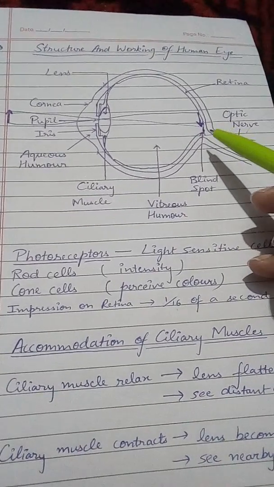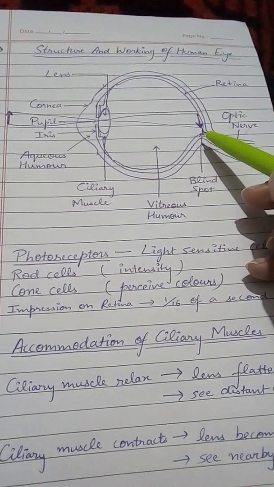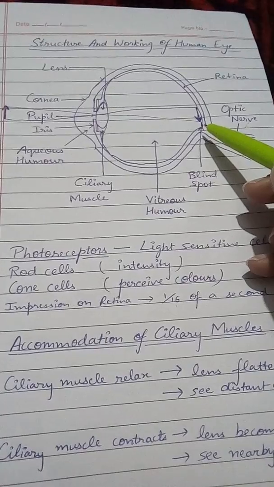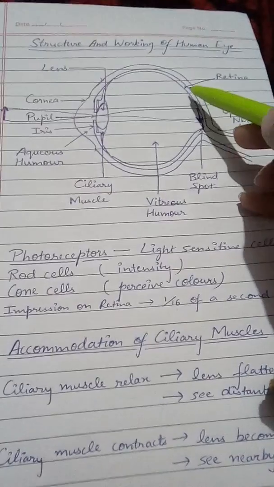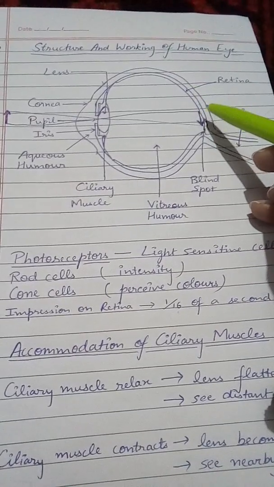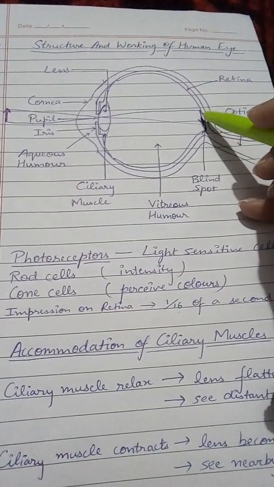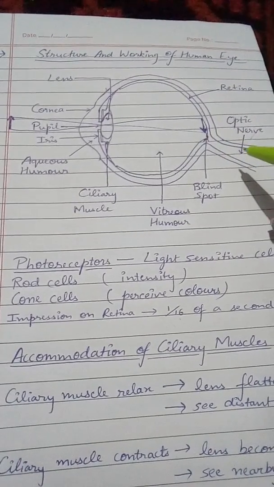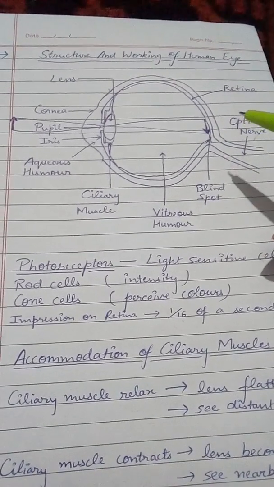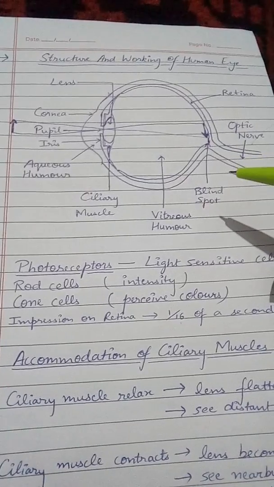So it's not possible to see the object at this spot. So it's necessary that the image should form on the retina only, so that the optic nerves can take the signal, convert it into an electrical form, and give the signal to the brain, and we can see the objects clearly.